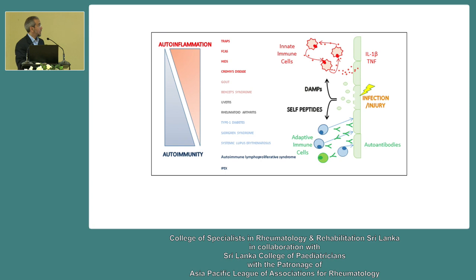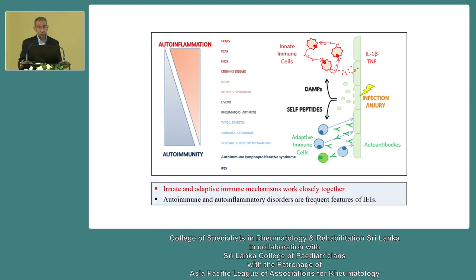You can see these diseases under the umbrella of autoinflammation linked to the innate immune system, or the autoimmunity like IBEX or SLE associated with or due to adaptive immune cell pathogenesis or defect. But there are diseases that probably overlap between the two entities.